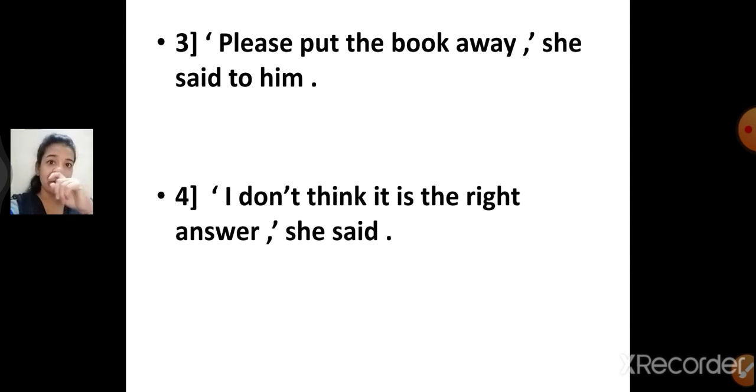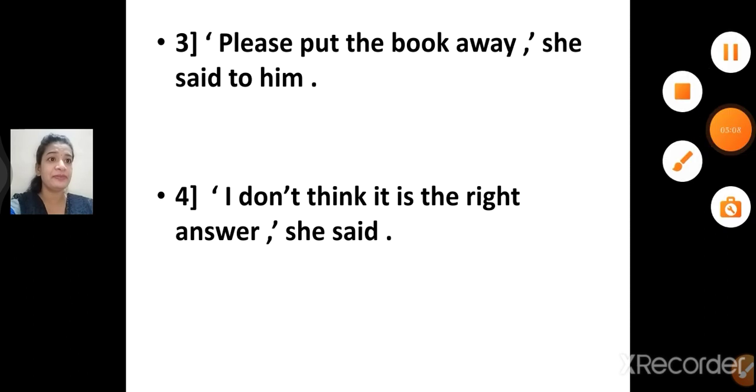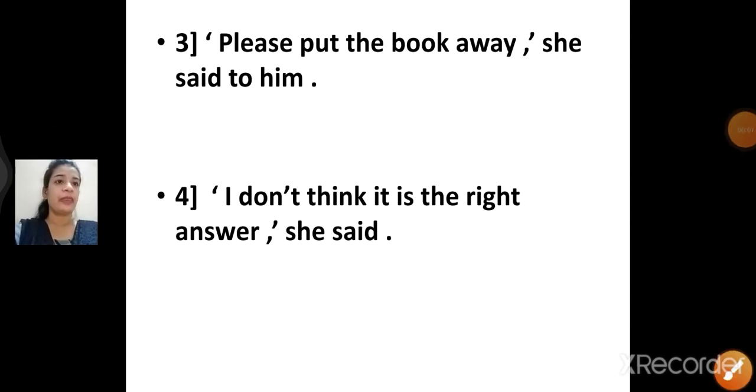Now let's jump on the third one. "Please put the book away." Yes, I always say this in the class. She said to him. Now tell me how you're going to start with this. Yes, so the answer is she said to him.